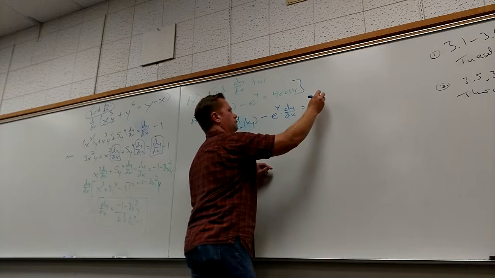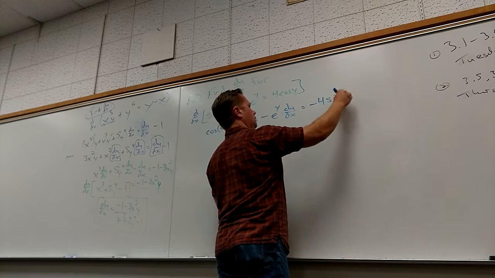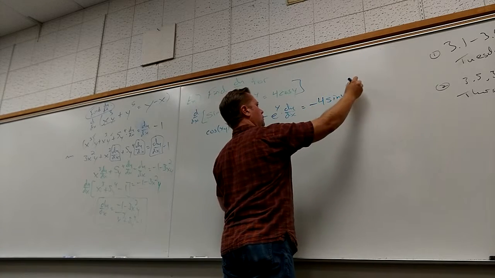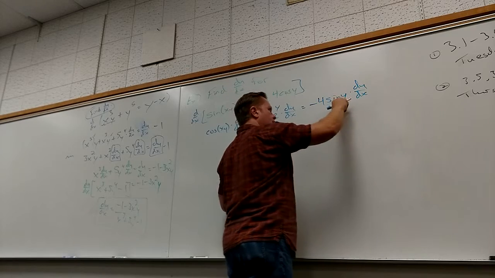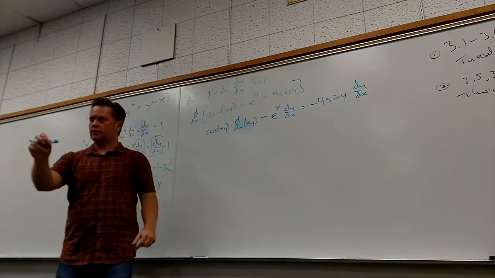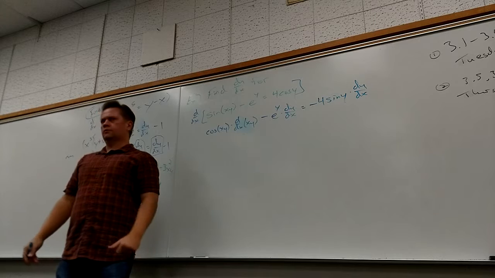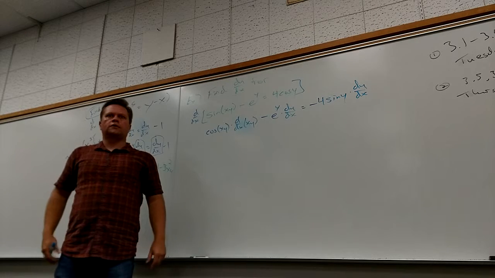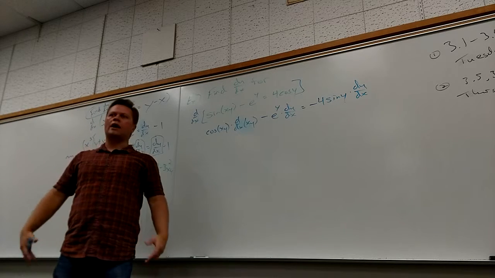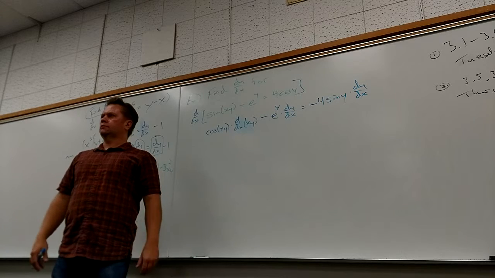Yeah, good. Negative sine. So anytime you take a derivative of a piece that has y in it, you have to tack on a dy/dx. That's chain rule, because y is a function of x.